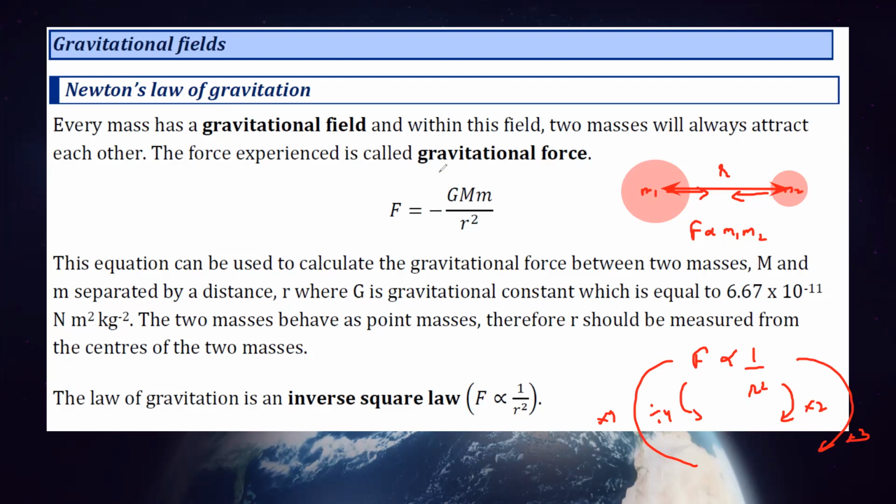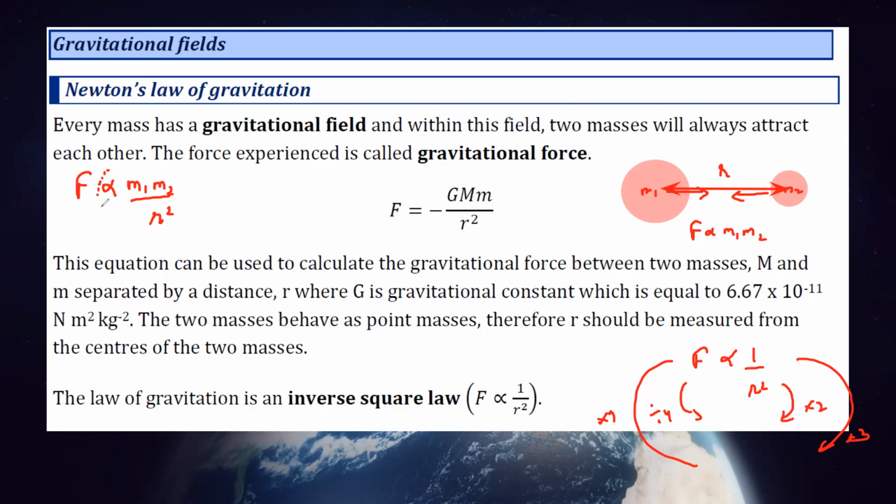So if we want to find the gravitational force, or force of attraction, between two masses, we can use Newton's law of gravitation. According to that, the force of attraction is directly proportional to the product of the masses, and it is inversely proportional to the square of the distance between them.